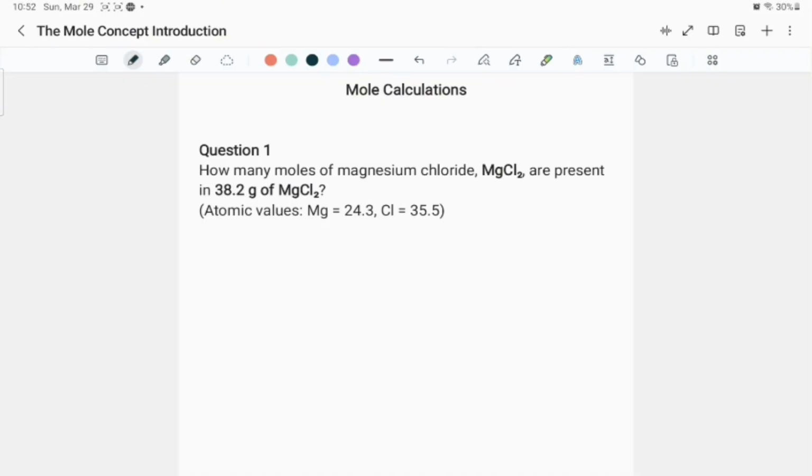The question wants to know moles, and you're given a mass, which is 38.2 grams, and also atomic values, which are used to calculate the molar mass of the compound. So if we're given the molar mass and the mass, then we know the formula to use to find moles: moles equals mass divided by molar mass.